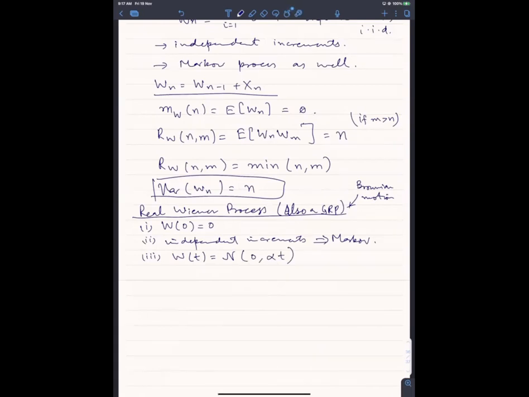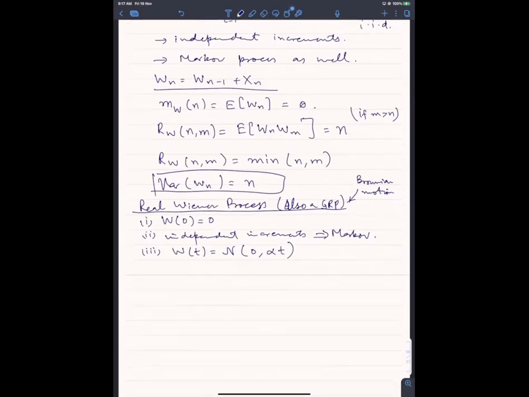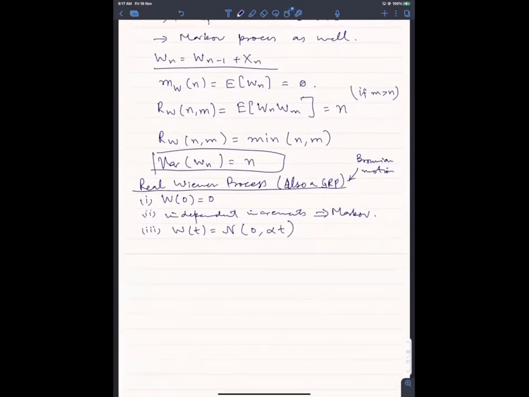अगर t आपके पास इंटीजर होगा, तो ये डिस्क्रीट टाइम वीनर प्रोसेस बन जाएगा. Once again, the mean of Wt is 0.